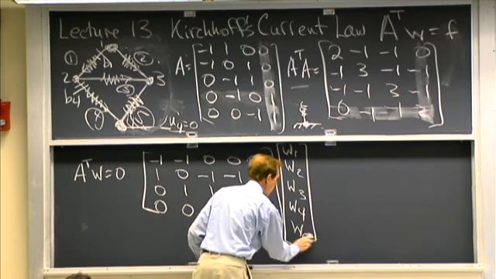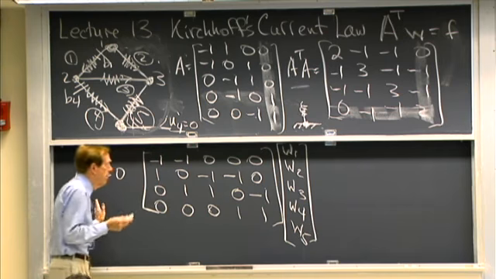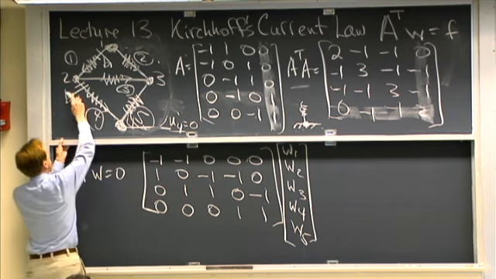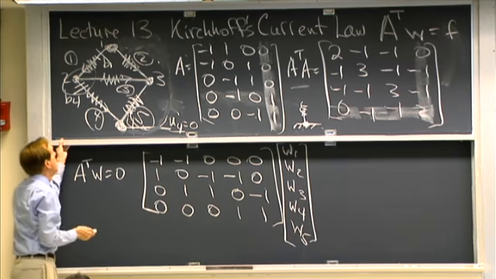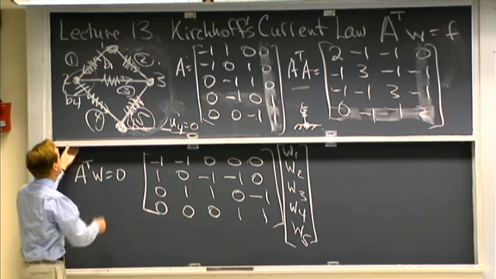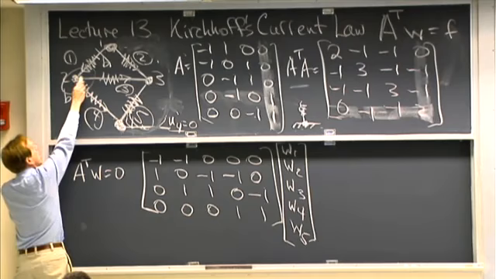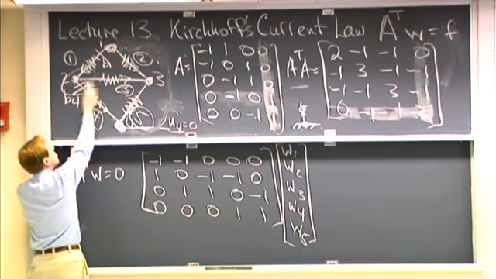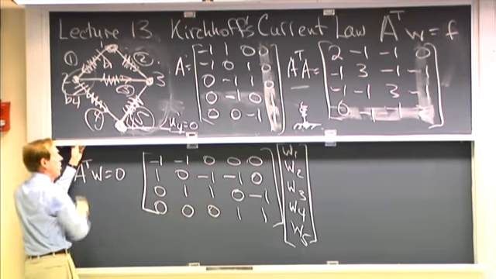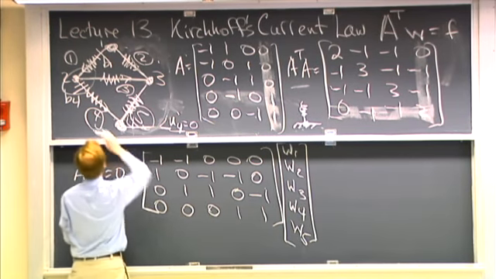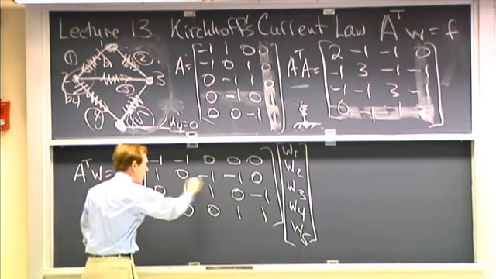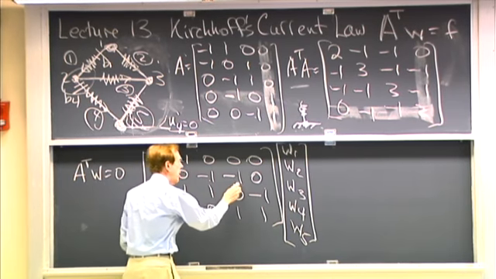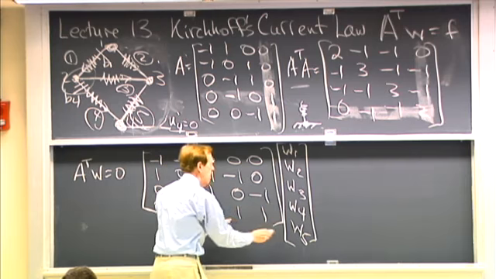All I'm doing now is convincing you that it really is A transpose, that if I look at, let me pick that node now. If I look at that node, I see edge 1 coming in. I see edge 3 going out. I see edge 4 going out. And when I look at that second node, I look here at the second row, I see edge 1 coming in, edge 3 and edge 4 going out, multiplying those currents.